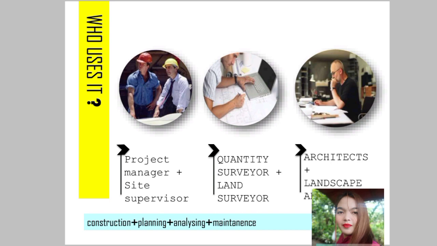The project manager, the site supervisor, the quantity surveyor, the land surveyor, the architects, or the landscape architects. As a major of horticulture, you need to do landscaping to become an architectural landscaper. You can have some license with that through online or some university, but I don't know if the Philippines has a license for that, because we also have our license in agriculture, which is the agricultural licensure examination, and that covers your major.